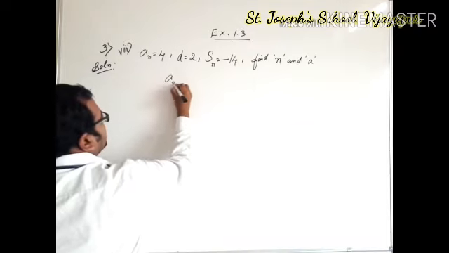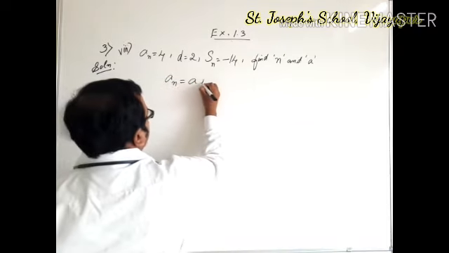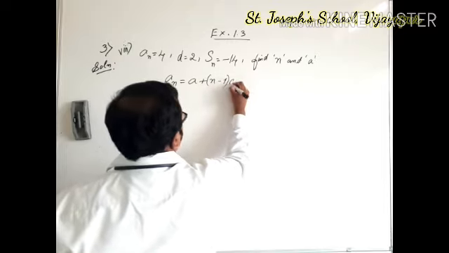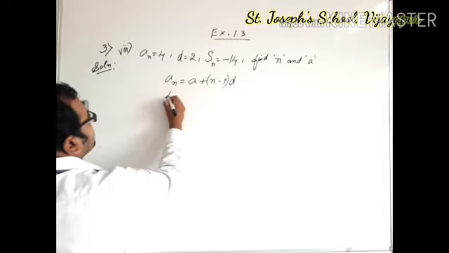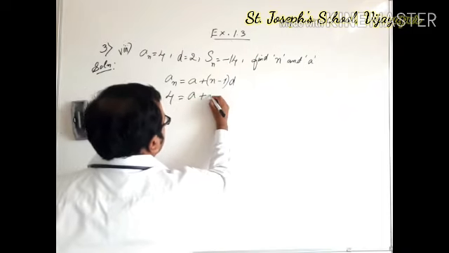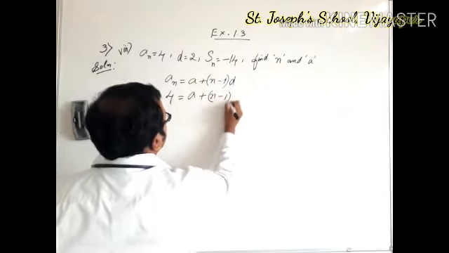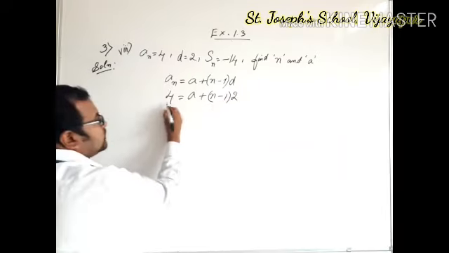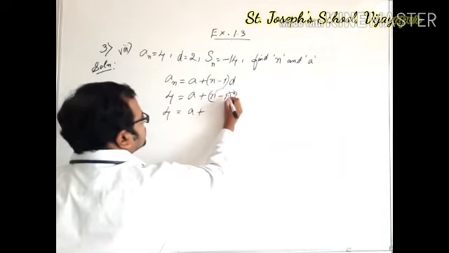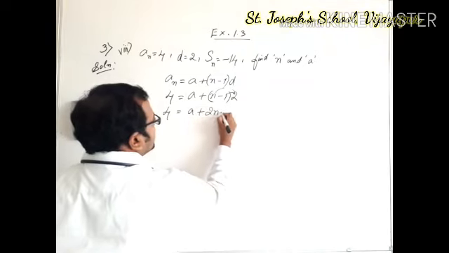I will be using the An formula first. So I will be getting a plus n minus 1 into d. An is 4, my a value unknown, plus n unknown minus 1 into d, which is 2. So 4 is equal to a plus 2 by distributive property becomes 2n minus 2.